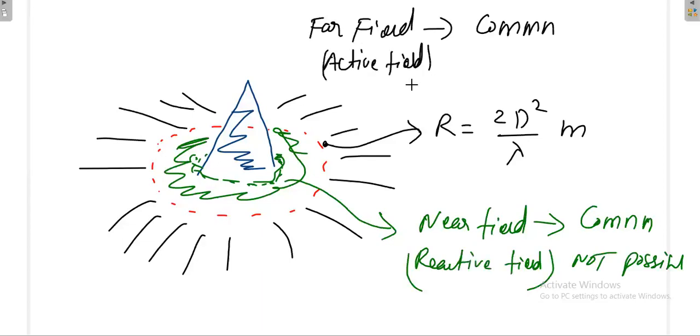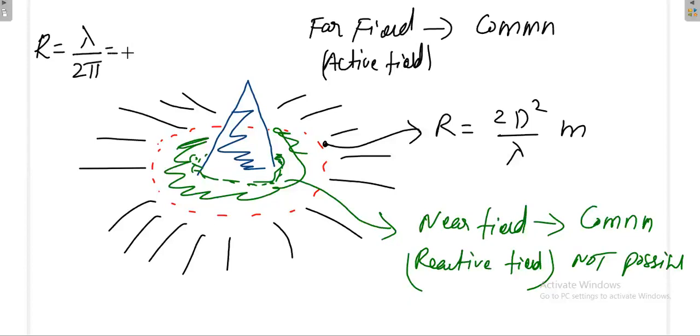I will give you another formula to separate the near field and far field. For the moment, just note it down; later I will explain the other limit that is decided. In some cases we have to use that formula, which is lambda divided by 2 pi.